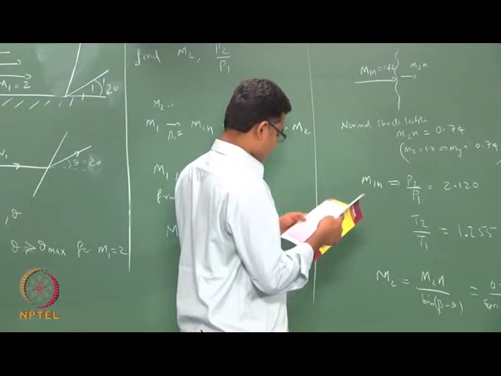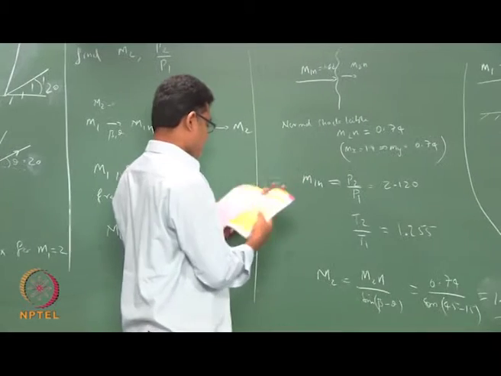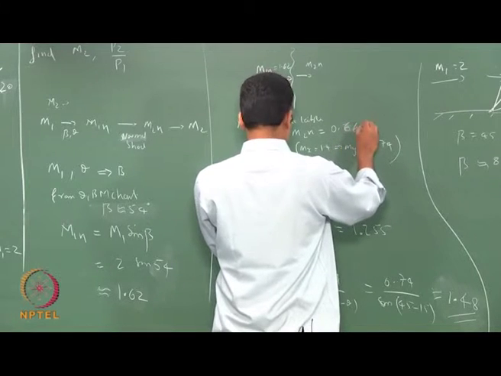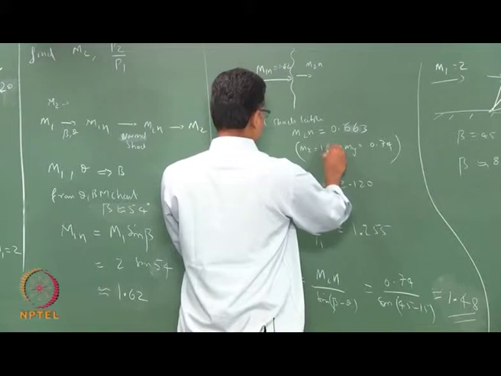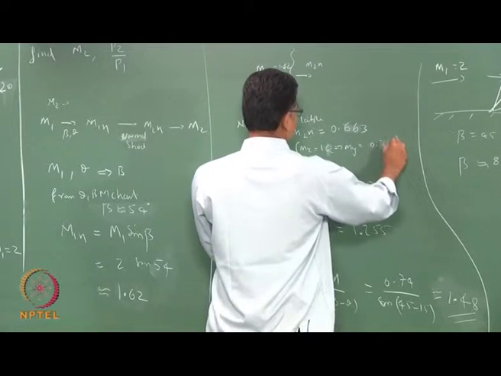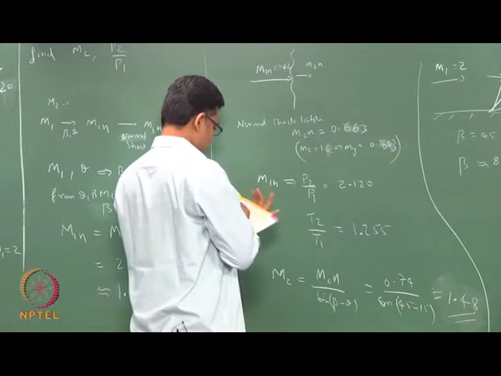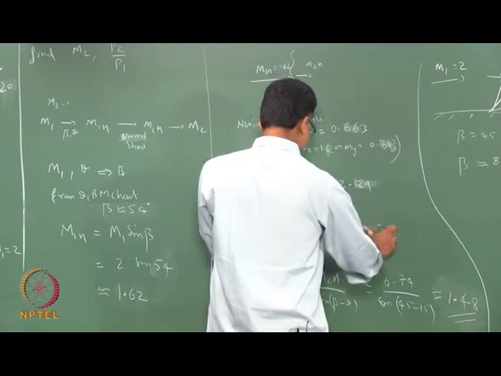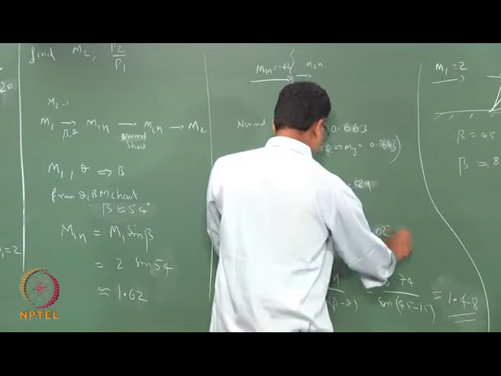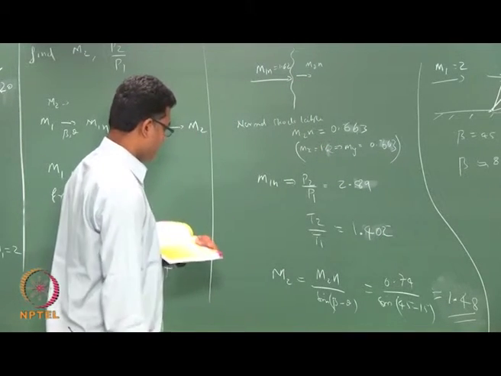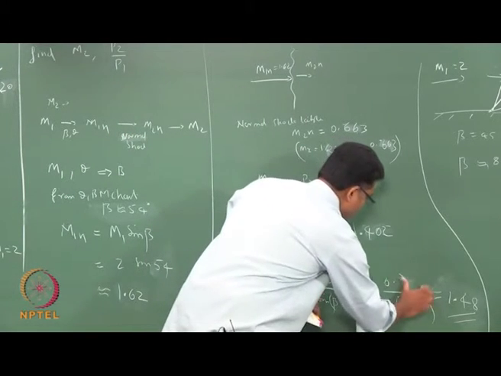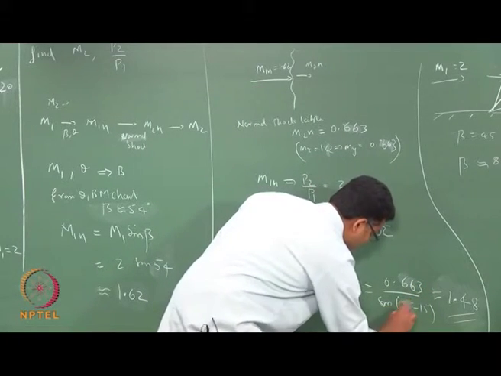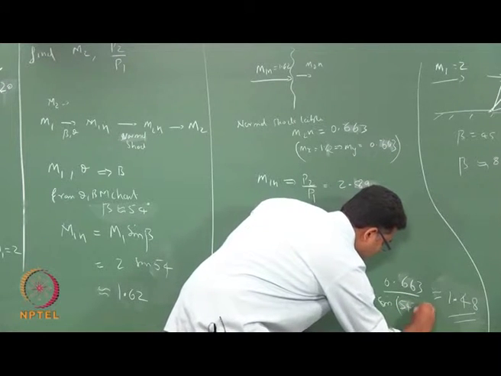From the shock tables, again from 1.62, I will get M2n as 0.663, which also gives me a pressure ratio of 2.8 and the temperature ratio of 1.402, which gives me an M2n of 0.662 and the angle is now, instead of 45 degrees, 54 degrees minus 20 degrees.